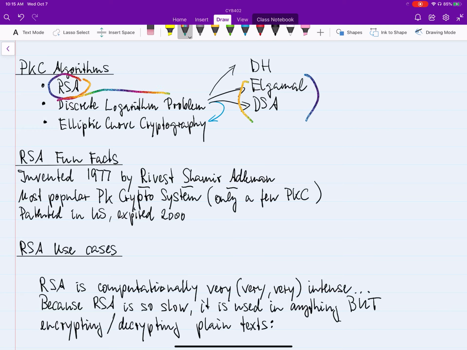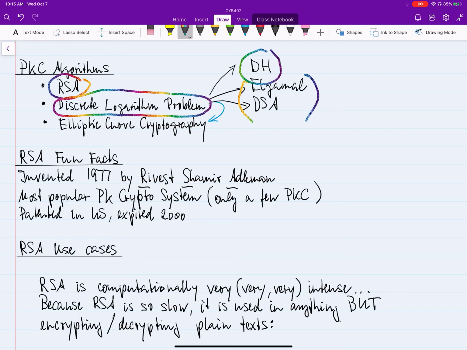Anyhow, a number of public key cryptography systems rely on the discrete logarithm problem. The very first one that was a public key crypto system is Diffie-Hellman. Diffie-Hellman is being used for disseminating keys.